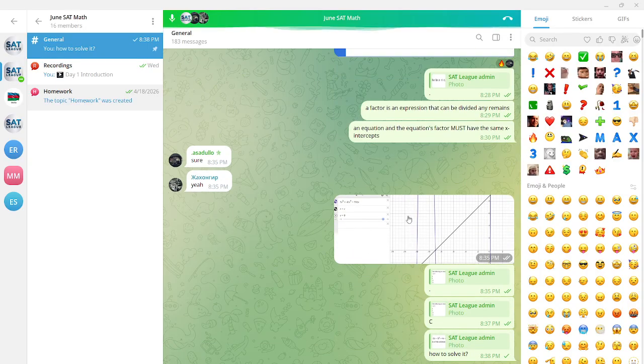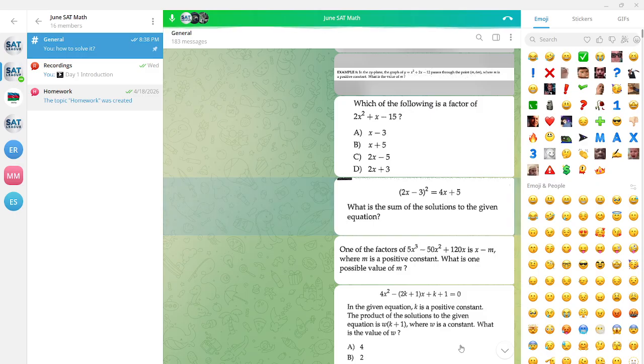On Desmos, not on paper. If you want, you can solve on paper, but it takes time, so I would advise solving it on Desmos. It depends on you and your confidence most of the time.